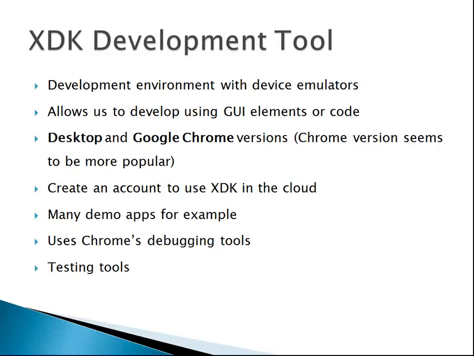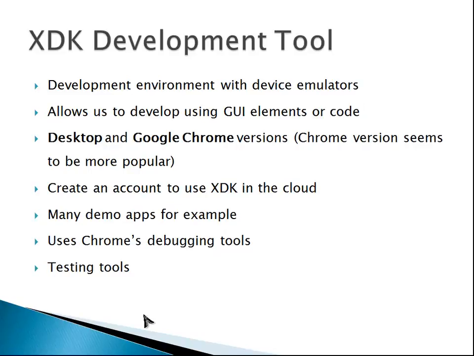Now we'll be working with something called the XDK development tool, and it's not an IDE. It's basically a development environment that gives us a device emulator to work with, so that we can actually test quite a bit of our functionality right in that tool.